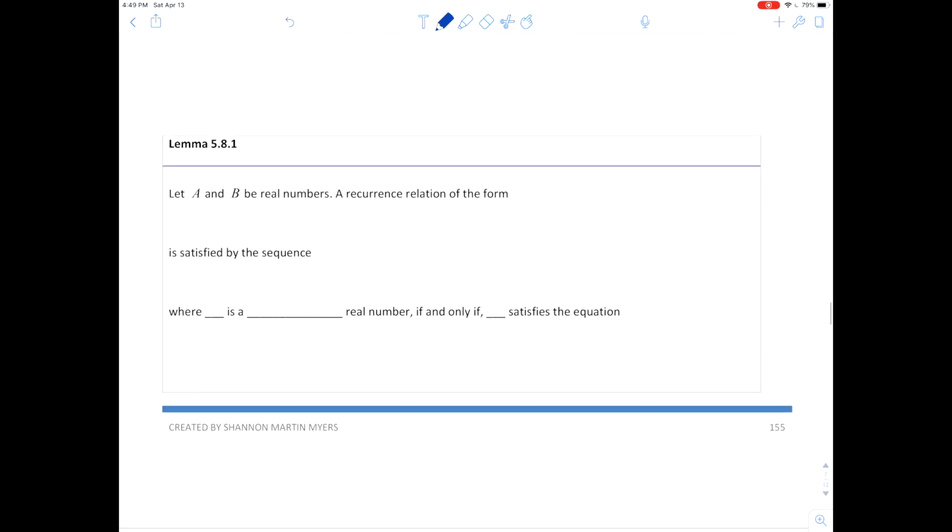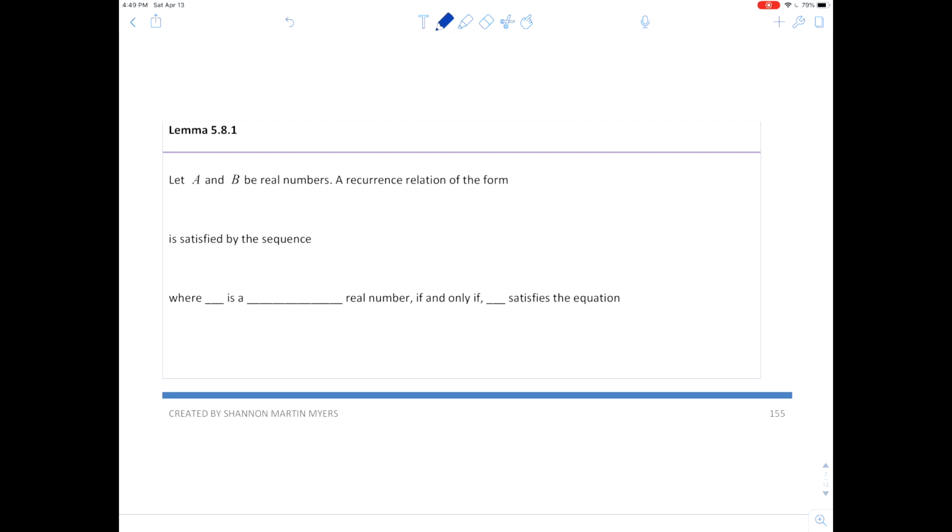So now let's take a look at this lemma, which will be nice to use. Lemma 5.8.1 says, let a and b be real numbers.